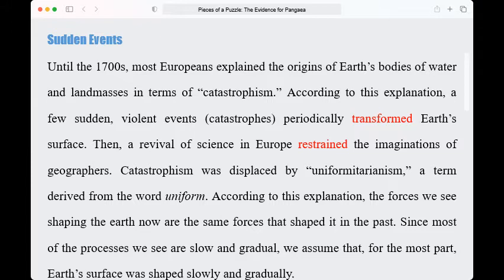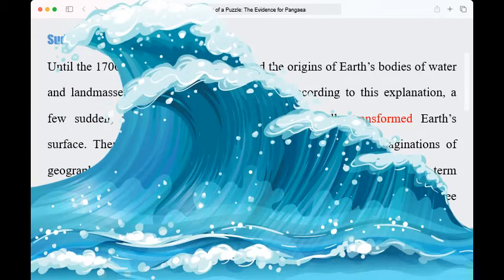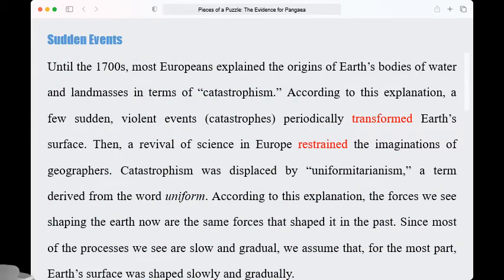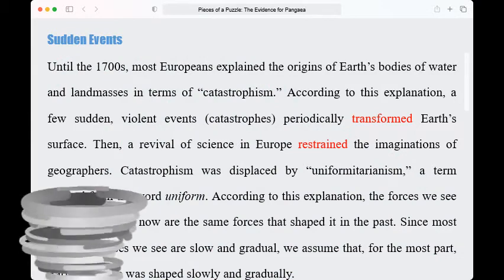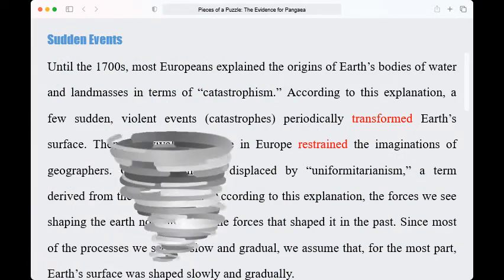So what is catastrophism? In geology, catastrophism theorizes that the Earth has largely been shaped by sudden, short-lived, violent events, possibly worldwide in scope, just like Noah's flood.